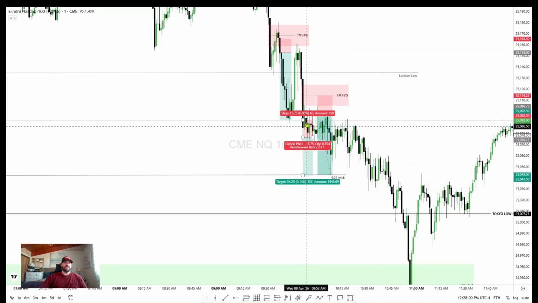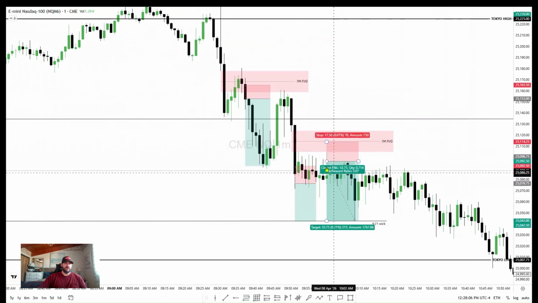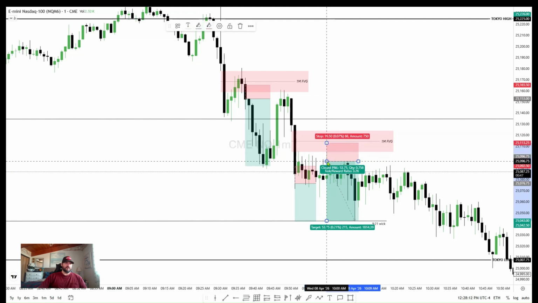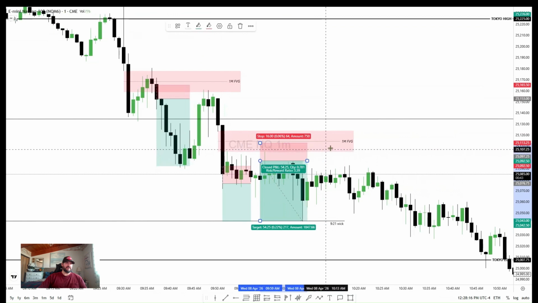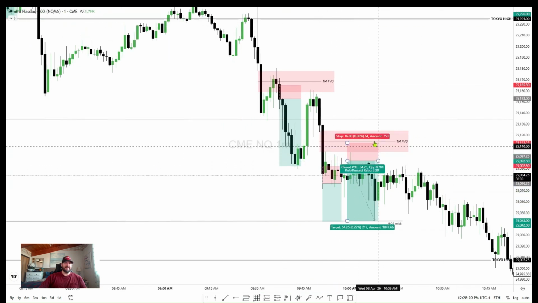After I got taken out of this trade, I just waited. A couple minutes later, you can see we came up. It's hard to see, but if I move this over, you can see we wicked the 1 minute bearish fair value gap, respected it.